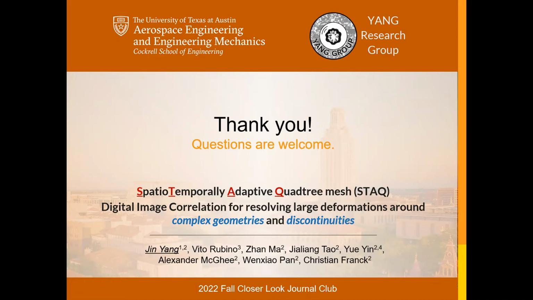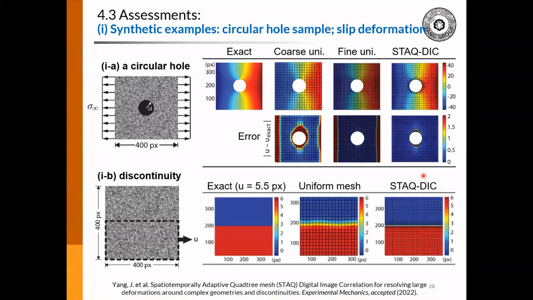Yeah, that's a good question. I want to give two comments. First, for quantitative comparison, you can always do synthetic examples, because you know the exact solution in these synthetic examples, so you can quantitatively compute the error.